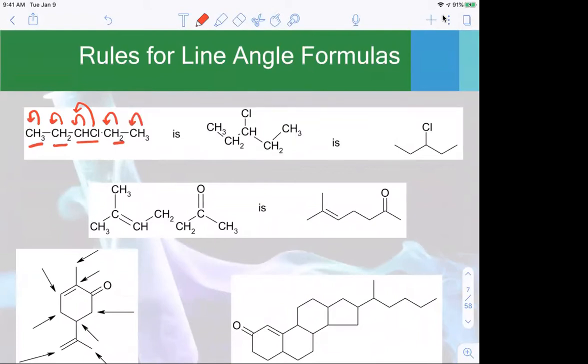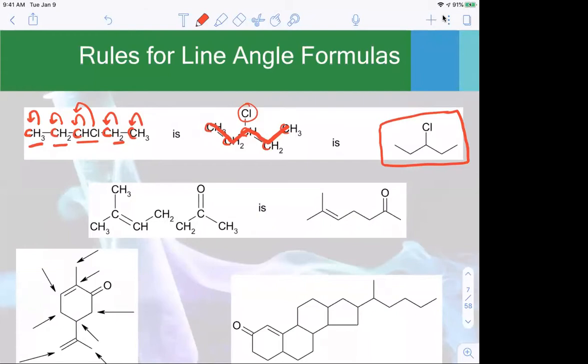If I sort of stagger them, I have 1, 2, 3, 4, 5 carbons. So I would have 1, 2, 3. Notice I have this chlorine there. 4, 5. That might be a way that you're going to start. But then all I'm going to do is draw the line and not show the carbon, or the hydrogen. So that's my line angle structure for that compound.